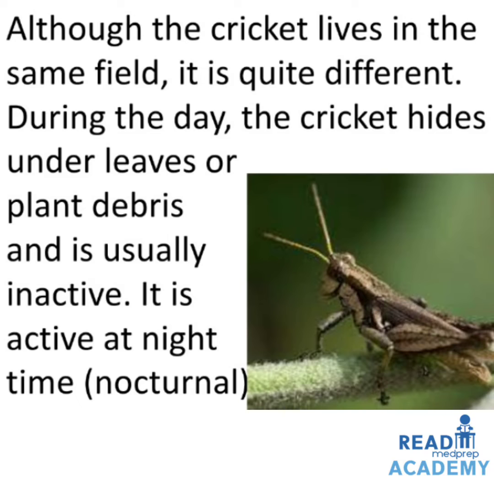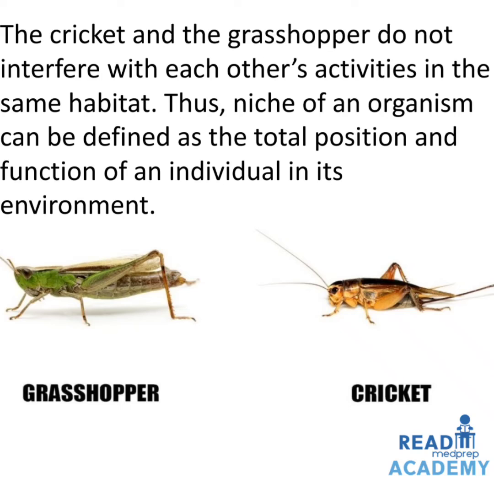During the day, the cricket hides under the leaves or plant debris and is usually inactive. It is active at night, in nocturnal time. The cricket and the grasshopper do not interfere with each other's activities in the same habitat. Thus, the niche of an organism can be defined as the total position and function of an individual in its environment.